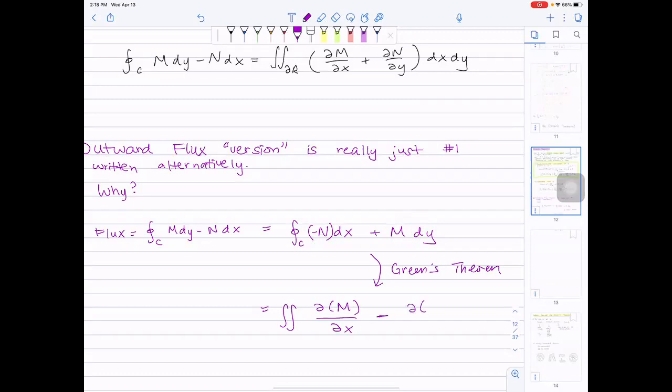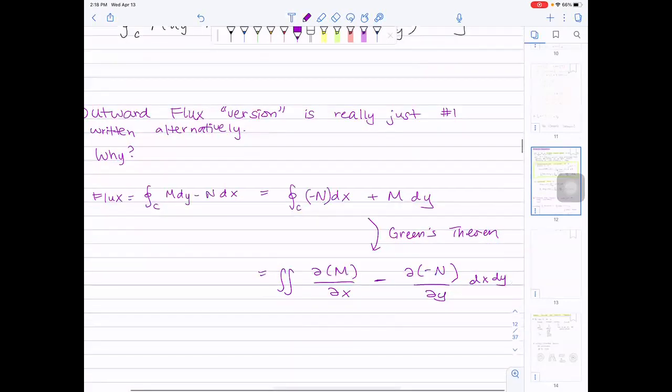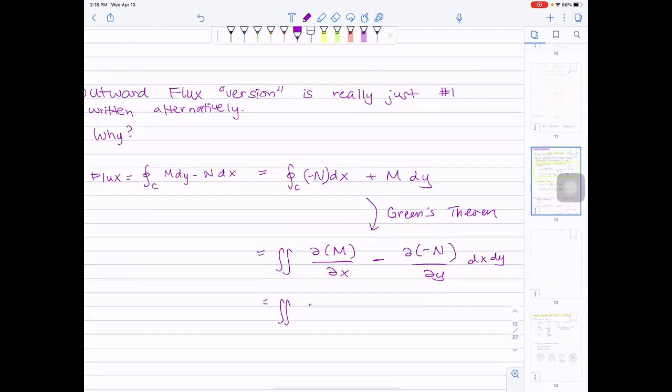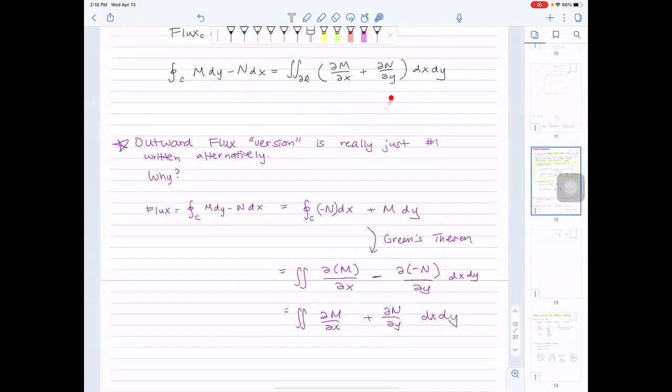Our first term right now is negative n with respect to y, dx dy. So we get the double integral of partial m over x. If we don't want this negative here, we can take it out, and we get plus partial n with respect to y. And this is exactly our flux version of the definition. So we see how we used Green's theorem, the circulation version, to get our flux definition.